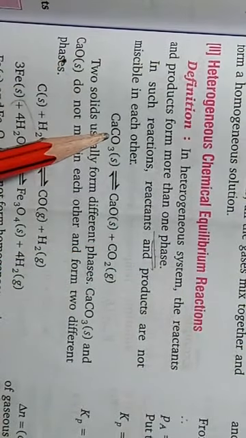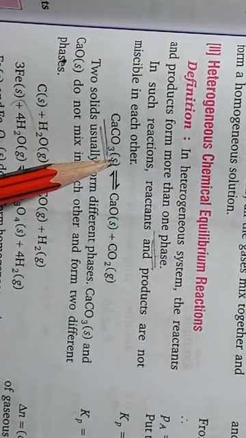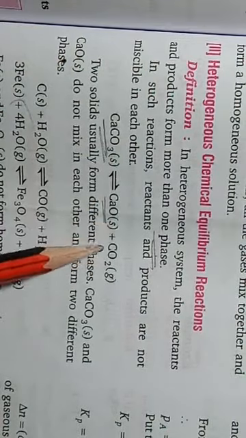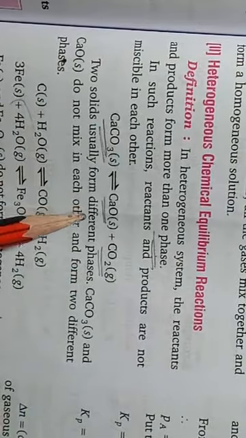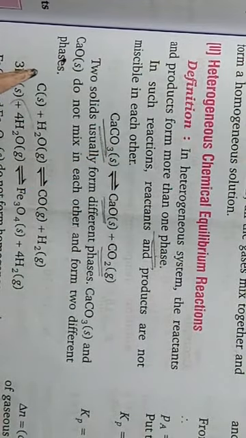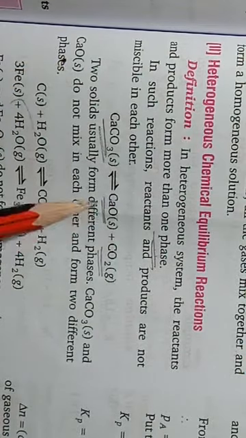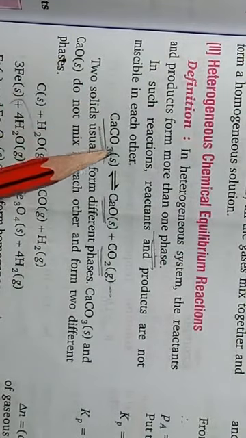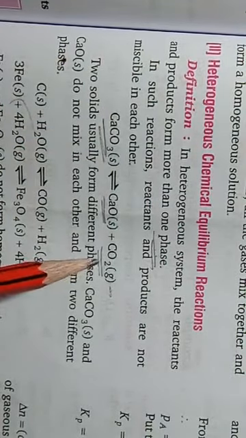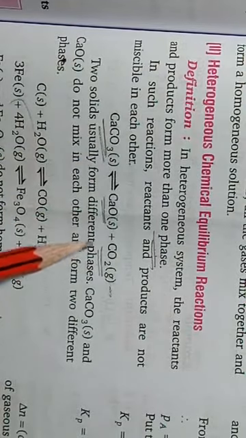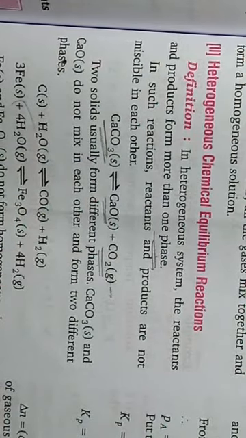For example, calcium carbonate, which is solid, forms calcium oxide solid and CO2 gas. In this reaction, all the reactants and products are not in one physical phase. That is why at the state of equilibrium, this reaction will be known as a heterogeneous chemical equilibrium reaction. Simply, you can say this reaction is an example of heterogeneous chemical equilibrium.